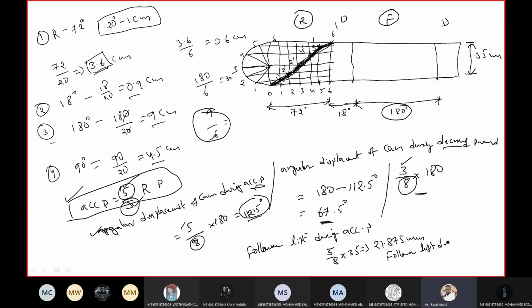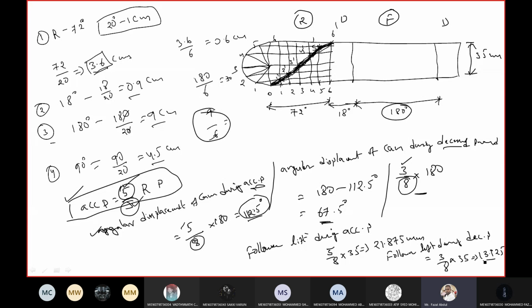Now, follower lift during the descent period. During the descent period, which value do we need to take? 3 by 8 into 35. How much will we get? It is 13.125.